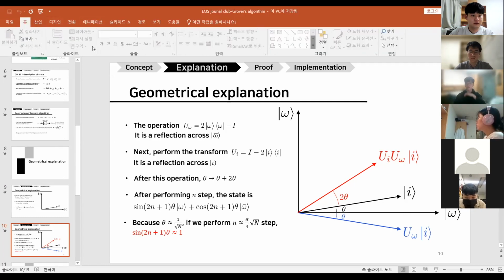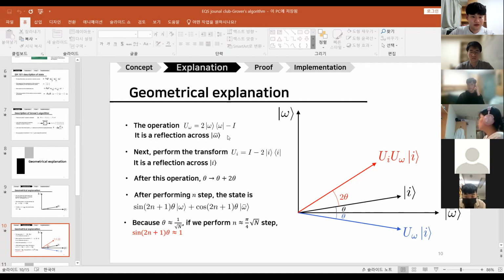So you need the inner product? Yes. The inner product of this axis and this vector is needed, okay? Yes. And as I mentioned, our vector is I. Yes.